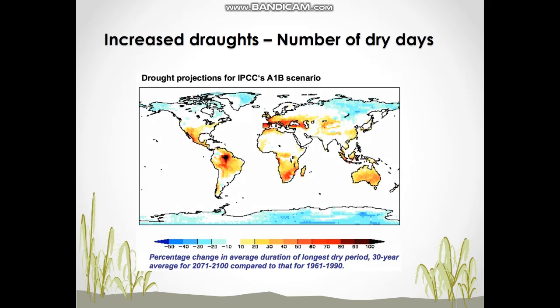So you can see most parts of the world, especially close to the equator, will see increments in the duration of dry days. And model estimation suggests that some areas will have more than 50% to even 100% increase in duration of longest dry period.